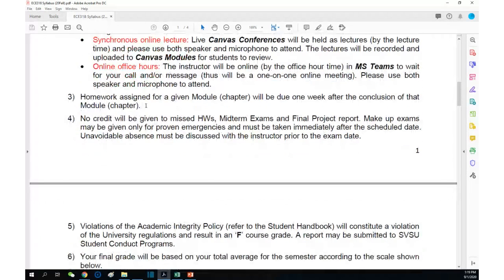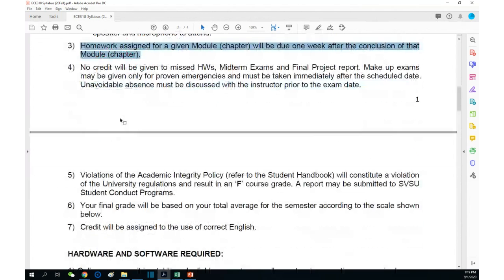And the homeworks are assigned for each module or say chapter, and it is due 1 week after the conclusion of that module. And actually, the homework due date is labeled in the Gantt chart already. Okay, if you noticed, we will talk about that a little bit more.